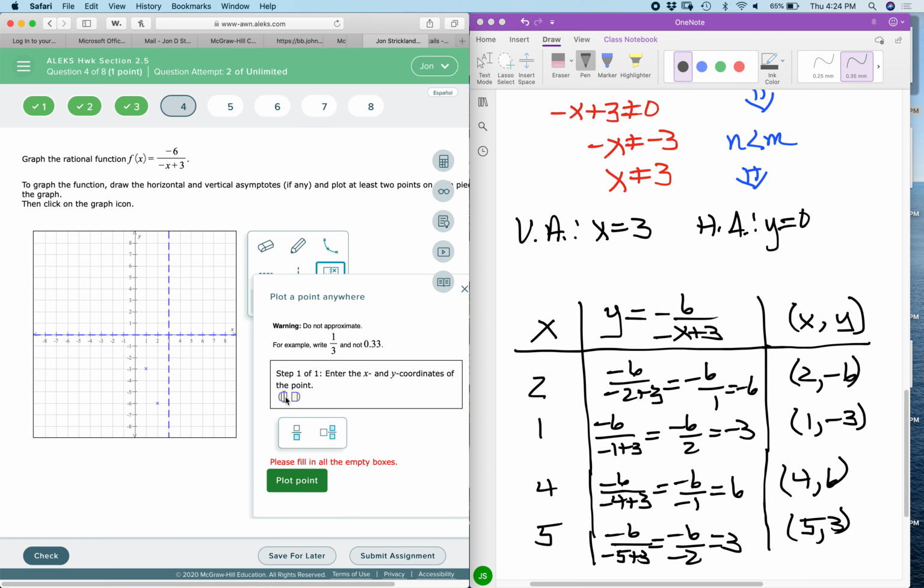Next in line, 4 and 6, plot point. And next, 5 and 3, plot point.